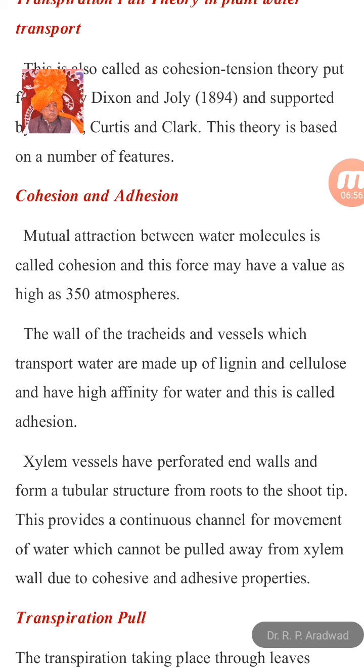The xylem forms a pipe-like structure from root to tip of the plant, and that pipe-like structure is helpful in continuous movement of water.